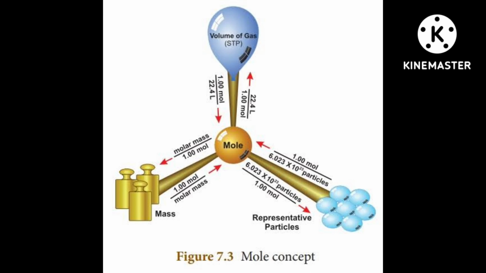By use of the mass spectrometer, the mass of 1 atom of carbon was determined, and it was found to be 1.992648 into 10 to the power minus 23 gram.